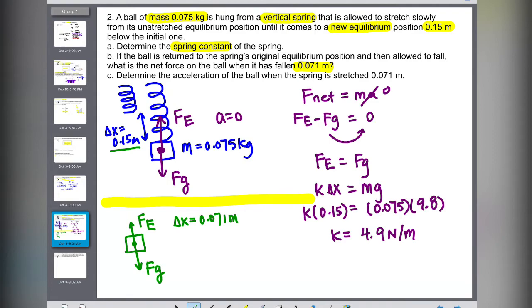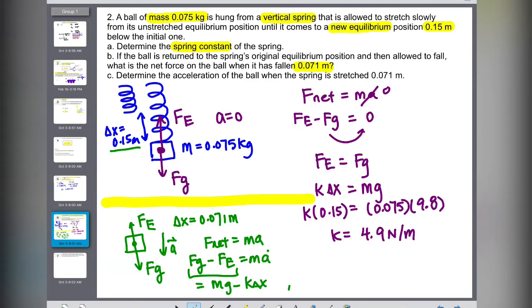And then I would go about and find out what is my net force. So the object is accelerating downward, so F net equals ma, down, which is Fg, minus up, which is Fe, equals ma. But I actually don't even need the ma because I'm solving for the F net, so it's mg minus k delta x, so it's equal to the mass times 9.8 minus the k you found, which is 4.9, and then times 0.071.